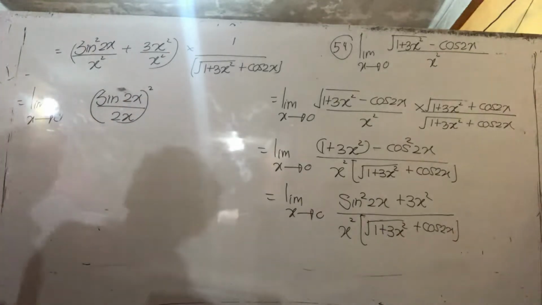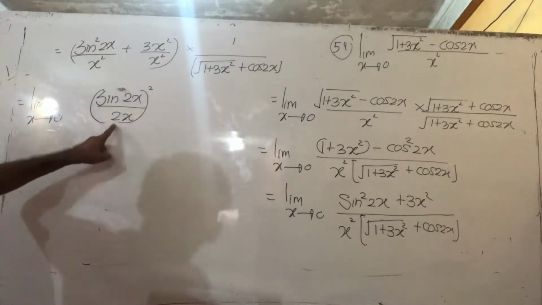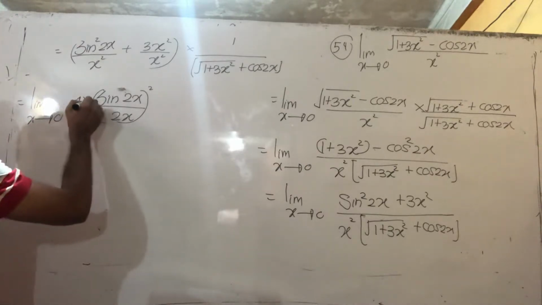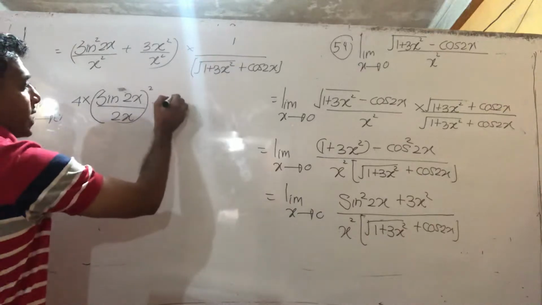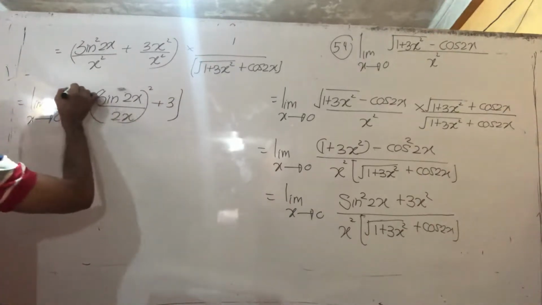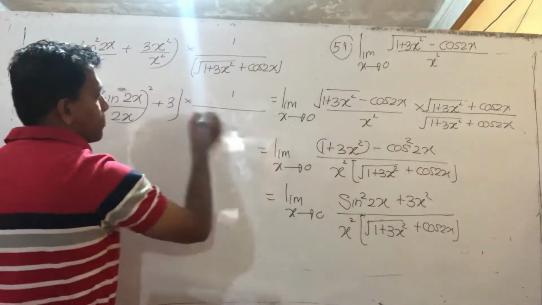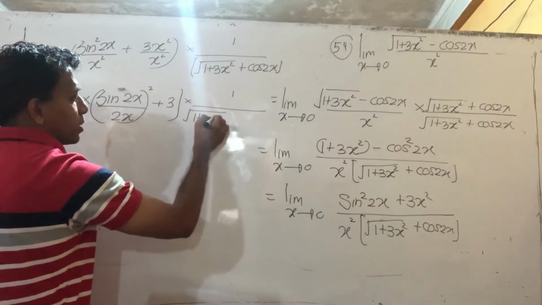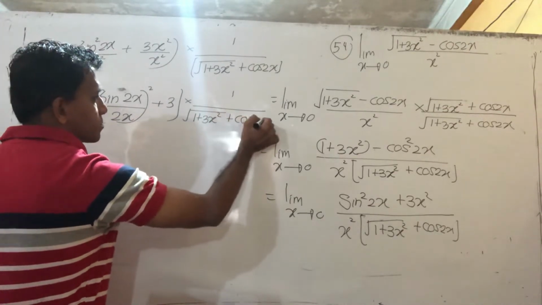Then check: sine square below x square, there's a 4. To remove that, multiply by the additional 4. Plus here, x square cancels, 3. Multiply by 1 over square root of 1 plus 3x square plus cos 2x.